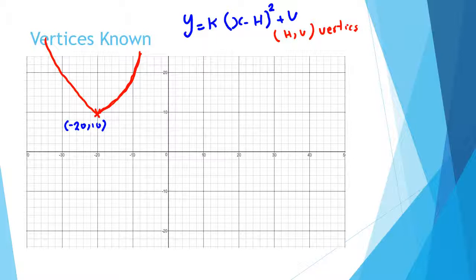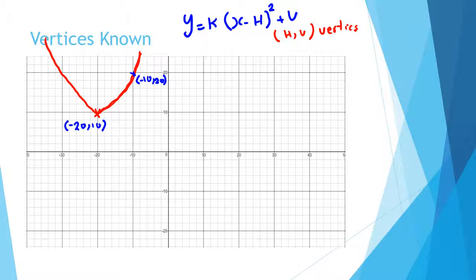You need to find another point other than the vertex. In this case, the graph is not exact, but it goes through -10, 20. There's the other point.